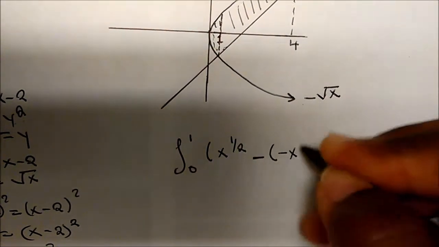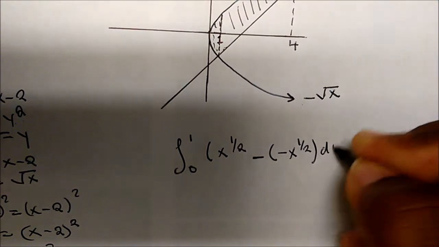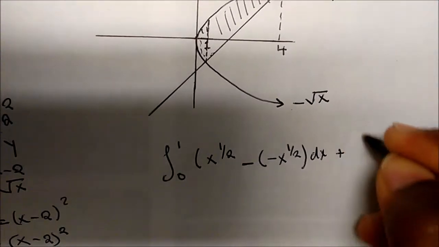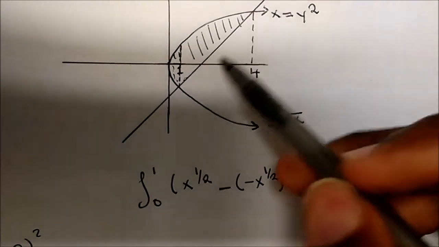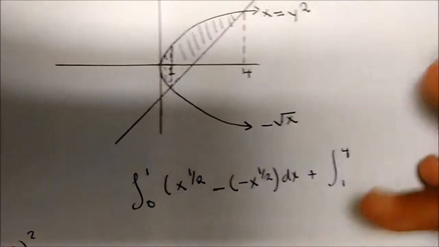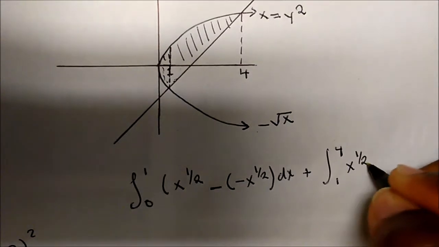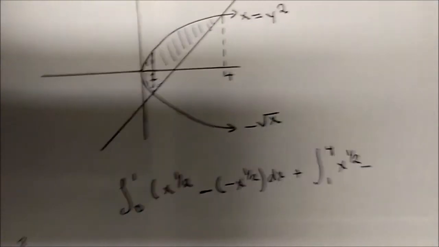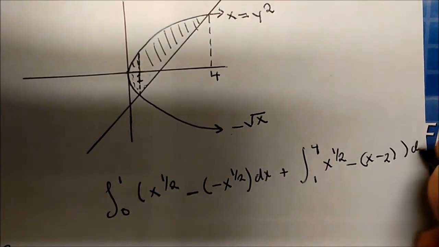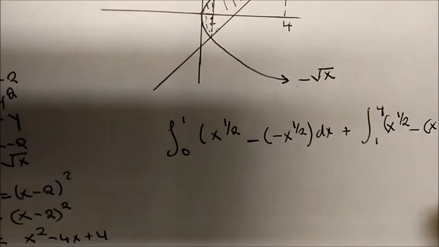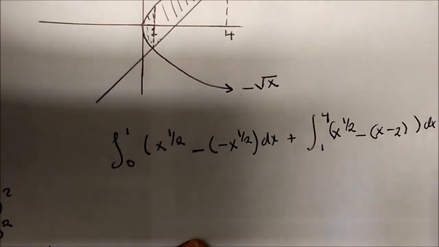So minus x to the 1/2 dx plus the integral from 1 to 4. Well, from 1 to 4, the top function is the square root of x, so that's x to the 1/2 minus x minus 2 dx. So this is how we would integrate this function here with respect to x.